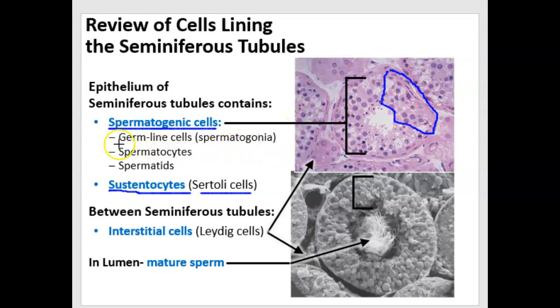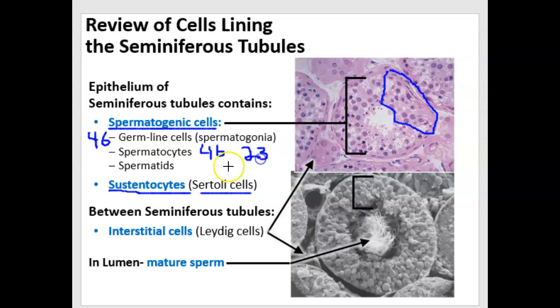They might be the completely undifferentiated germline cells that have 46 chromosomes. They might be primary spermatocytes that have 46 chromosomes, or secondary spermatocytes that only have 23 chromosomes.